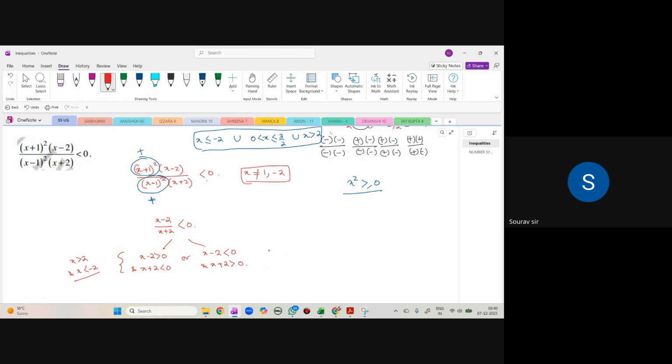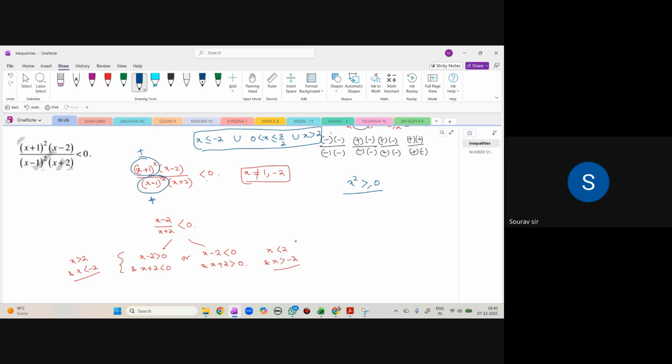From the second case, you get x less than 2 and x greater than minus 2. So what should be your solution? Sir, x is greater than minus 2 and goes up till 2 and less than 2.